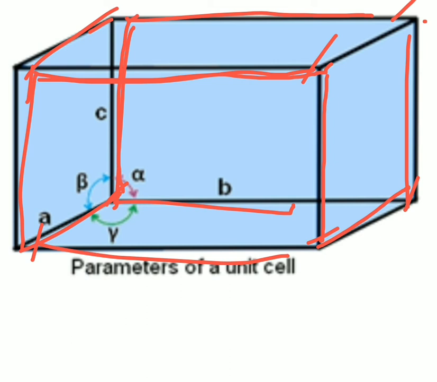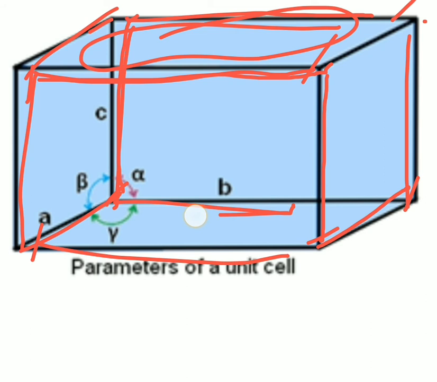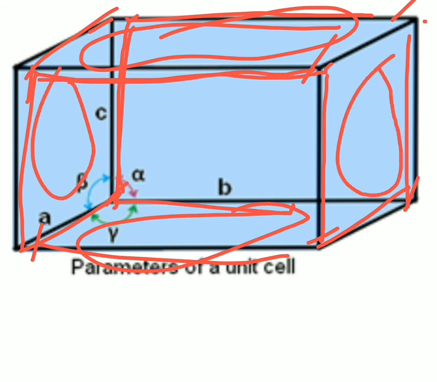These 6 faces are: upper one, lower, right side, left hand side, front side and back side, like a cube or like a die. We have seen a die. There are 6 marks: 1, 2, 3, 4, 5, 6. So 6 faces, 8 corners and 12 edges are present in a unit cell.